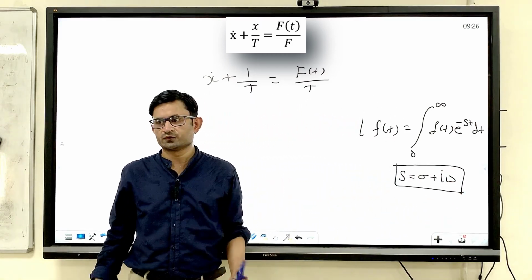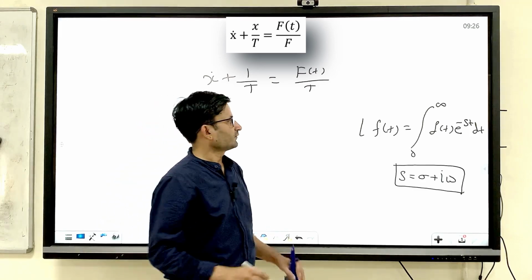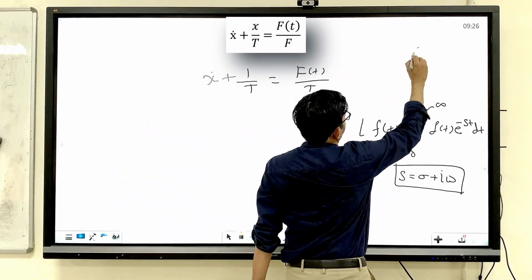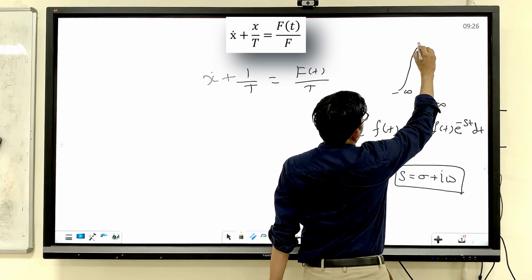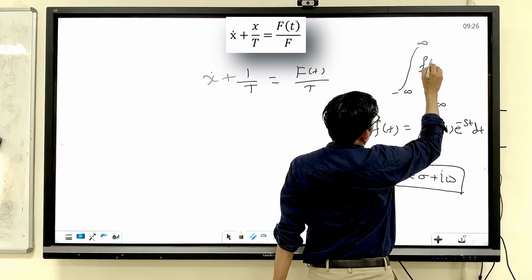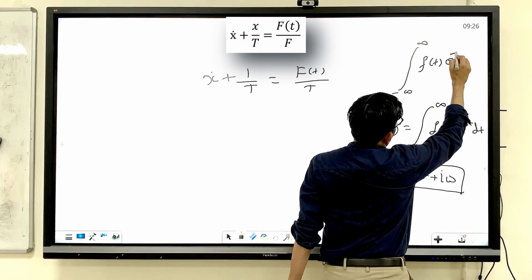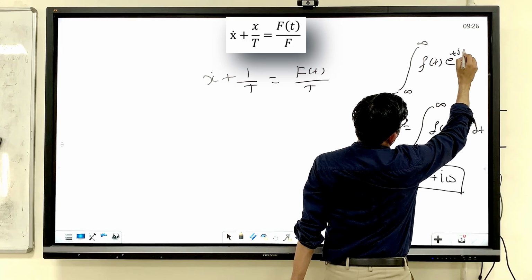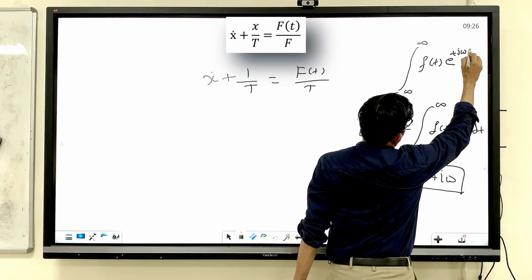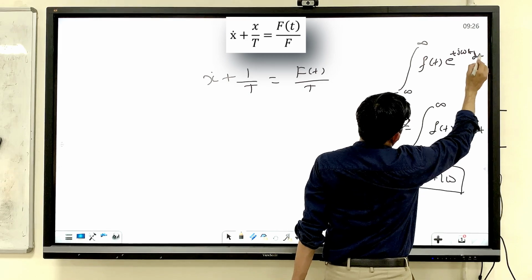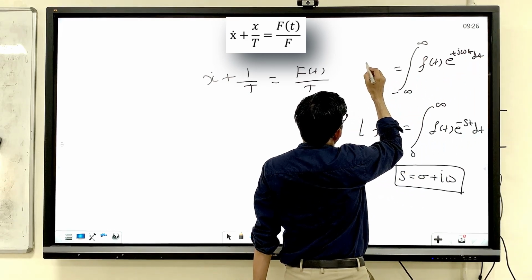Do not confuse it with the Fourier transform. The Fourier transform is the integral from minus infinity to infinity of f(t) e to the power minus j omega t dt.